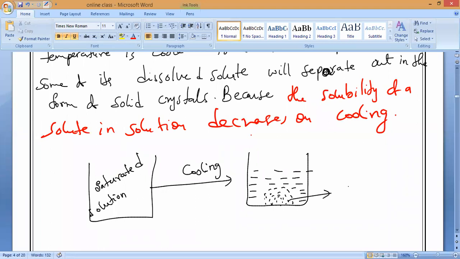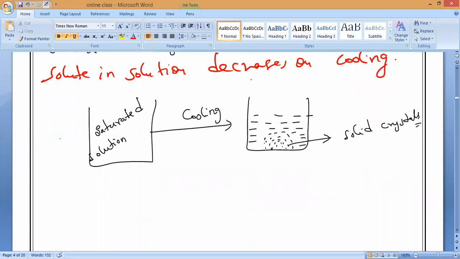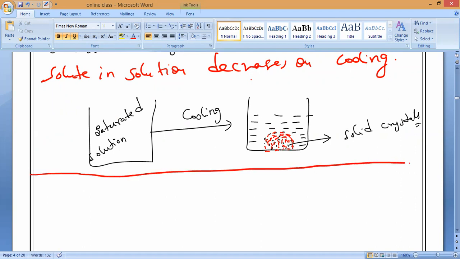So solid crystals will form. Are you clear? Any doubt? So this is what saturated and unsaturated solution is.